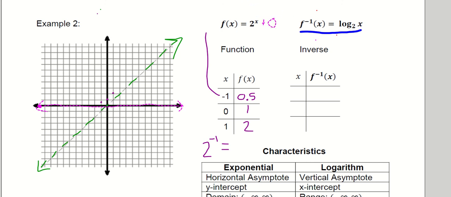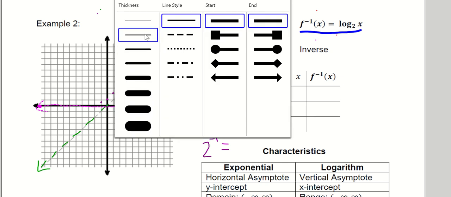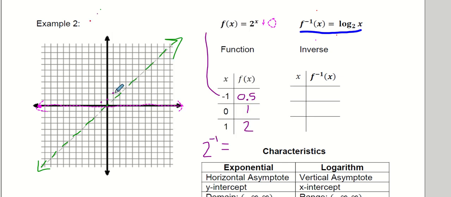There's nothing there. So then the graph of this function would look like this. Notice these are the points I graphed. It would look something like this, and it would do that. So that's the graph of this one. That's just a review of what we did last week, graphing exponentials.